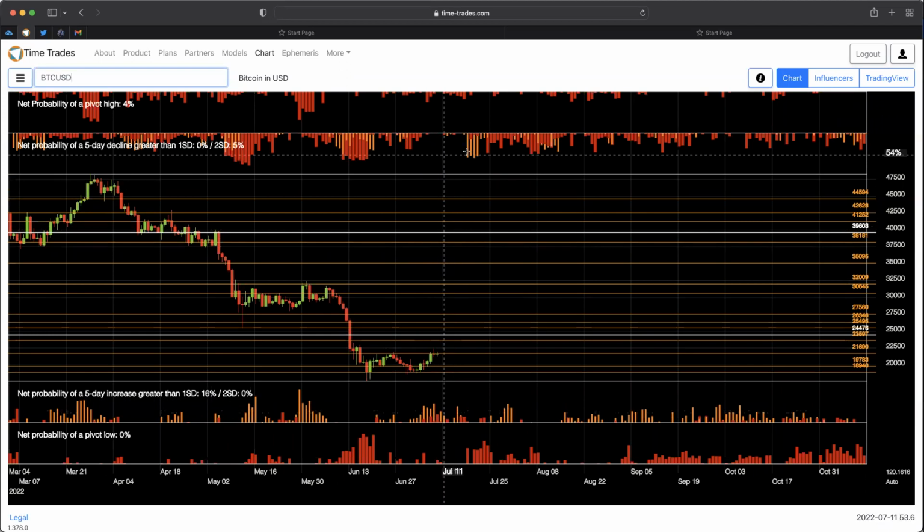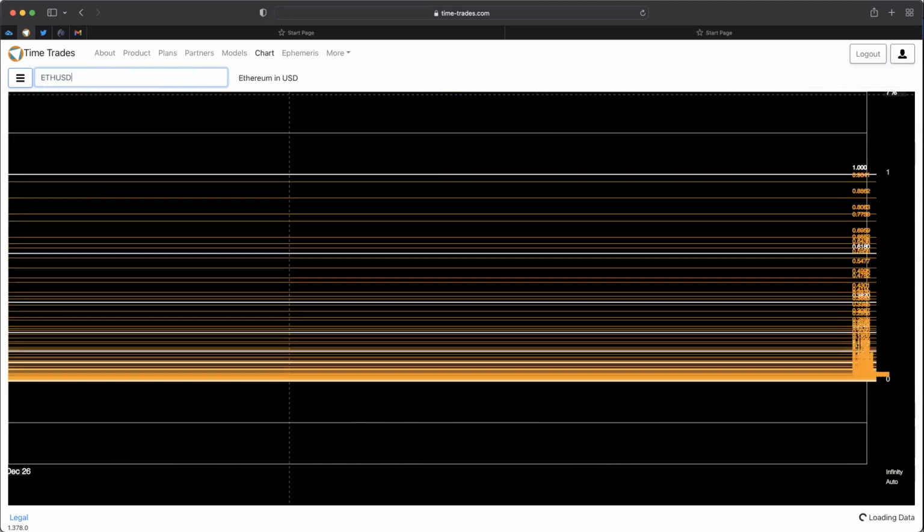And even though there's not much in terms of down pressure, when there's a decline in up pressure, that's often enough for price to go down. And there doesn't seem to be the start of a major new bullish move here anytime soon. Looks like August is going to be a red month for Bitcoin with this big cluster of 2 standard deviation down days. Let's take a quick look at Ethereum.